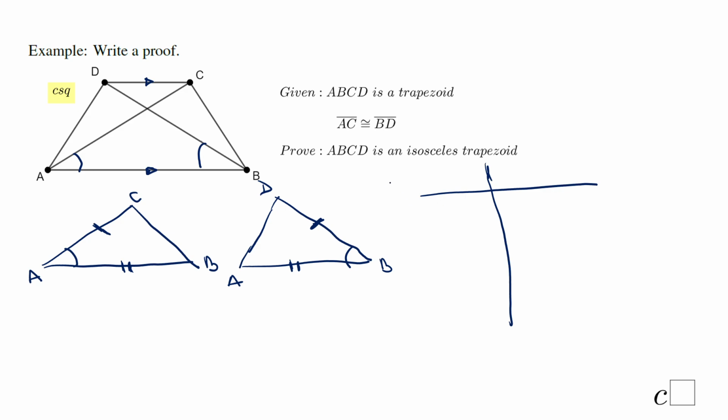So we're going to have statements here and reasons here. We'll say angle CAB congruent to angle DBA, and the reason is we did a paragraph proof.